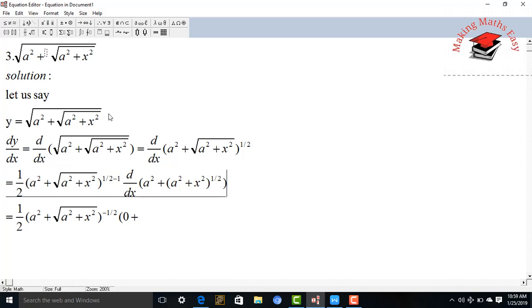So wherever there is a square root, take the power as 1 by 2. So now we will take the derivative of this, taking the power as 1 by 2.